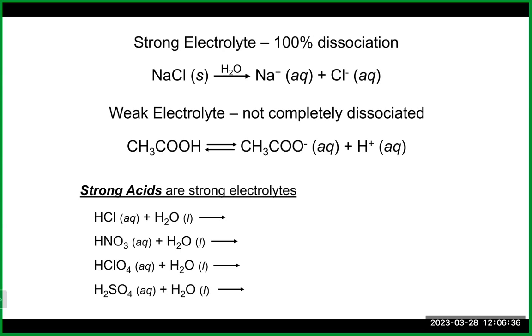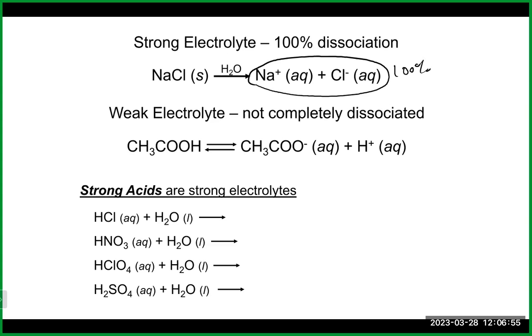A strong electrolyte will 100% break apart in solution. So something like sodium chloride is a strong electrolyte. In solution, 100% of what you have floating around are just the ions. You have none of the sodium or chloride units still together.